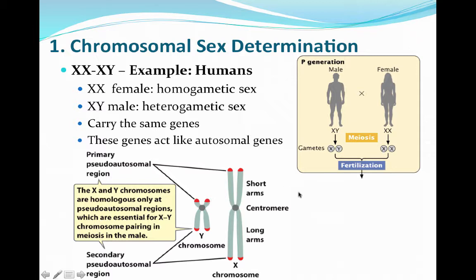So the X and the Y chromosome are homologous at these pseudo-autosomal regions, and this is essential for the pairing activity that happens in meiosis in the male. Keep in mind our males have one X chromosome and one Y chromosome. Therefore, they do not have an even distribution of genetic material to go through meiosis. So males are very much dependent on these pseudo-autosomal regions for the chromosomes to line up the way they're supposed to.